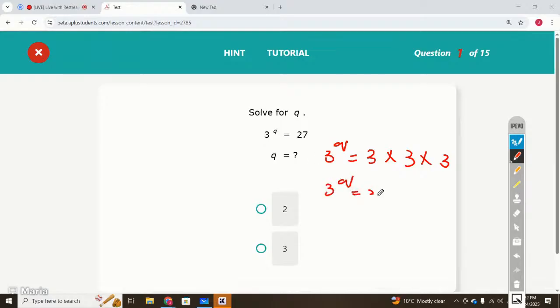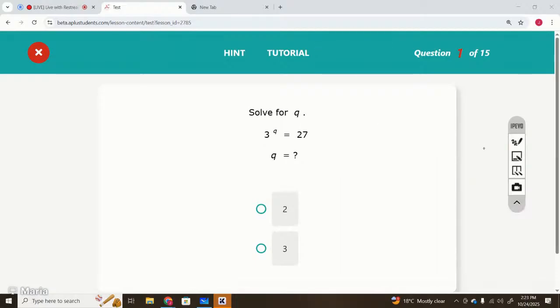So 3 exponent q equals 3 exponent 3. That is q equals 3. The correct option is q equals 3. Option number 2 is the correct option.